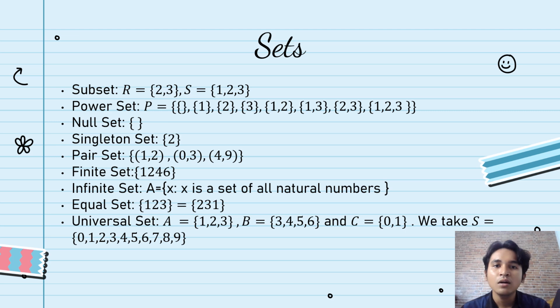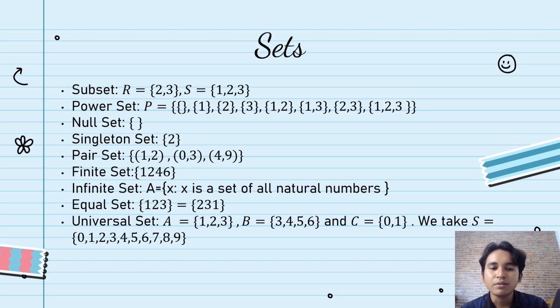Okay, now I have nine types of sets. Number 1 is subset. Now, R is a subset of S if every element of R is also an element in S. For example, like in the slides, R equals {2, 3} and S equals {1, 2, 3}.